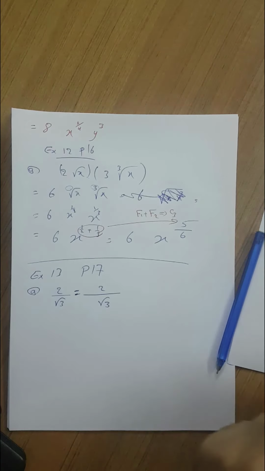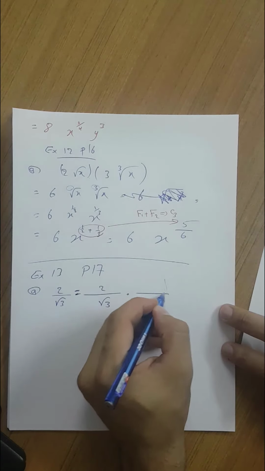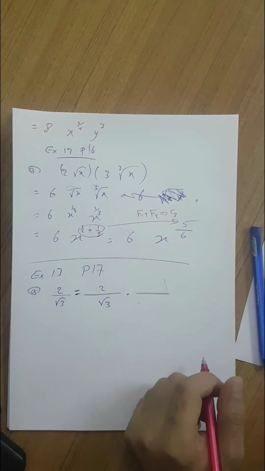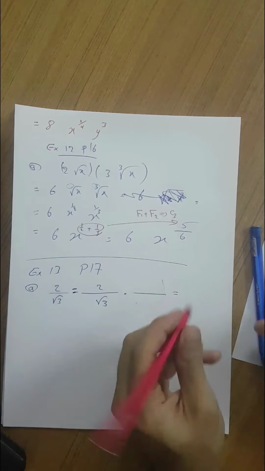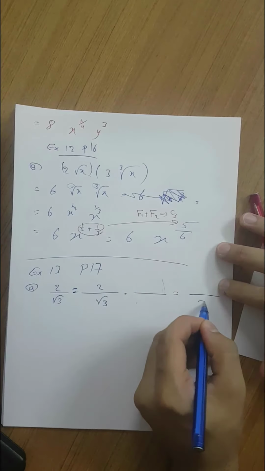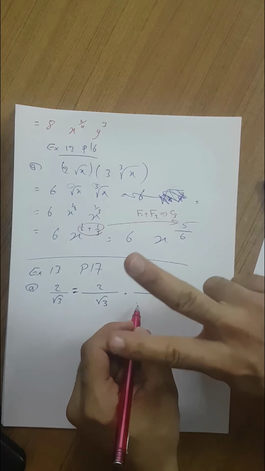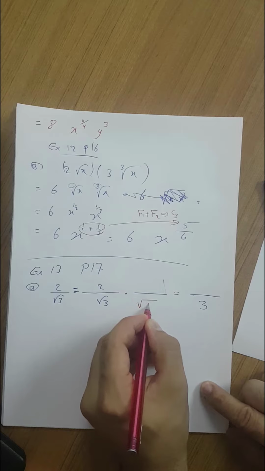I need what here? We should multiply by something the same, top and bottom, so they should be the same, because we are multiplying by 1. So which thing should I put here? Forgetting the number 3, I have the square root of 3. So we should multiply by the square root of 3.